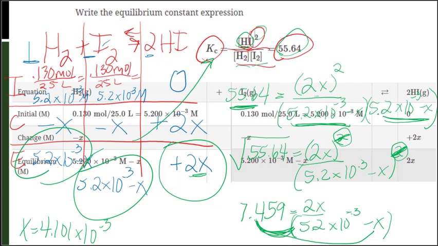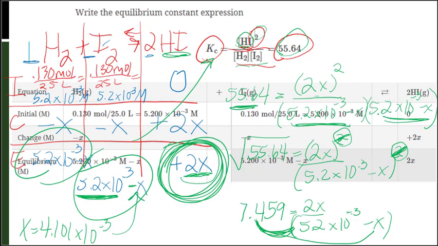So if I look back here to find my concentration at equilibrium, I need to do 2 times that x value to get my concentration of HI. I need to take 5.2 times 10 to the negative 3 and minus that x value to get my concentrations for hydrogen and for iodine. So let's do that.